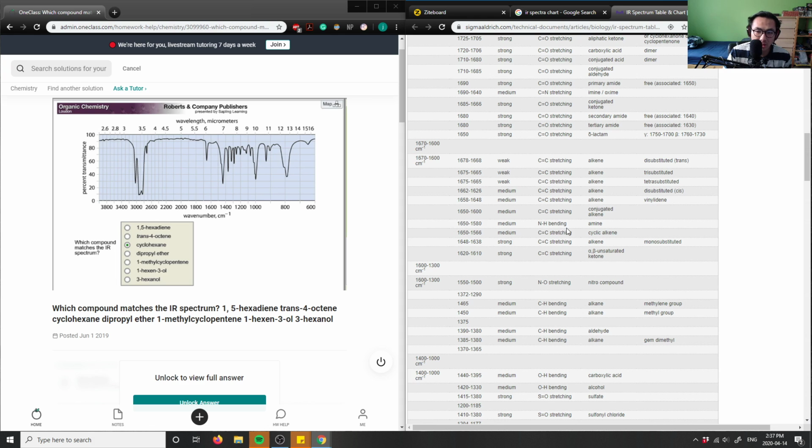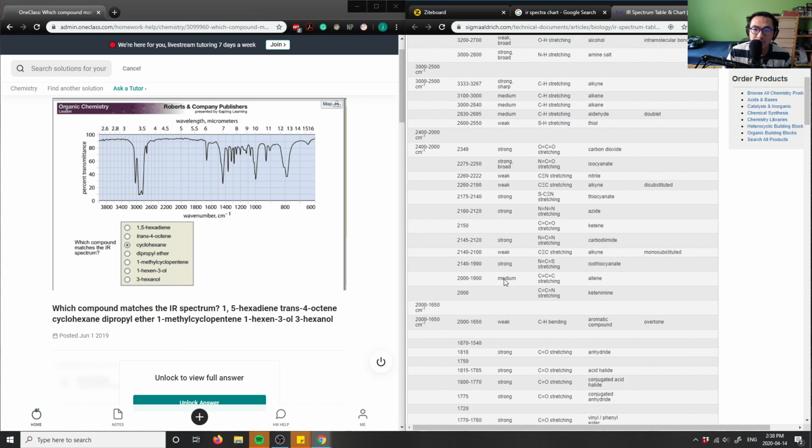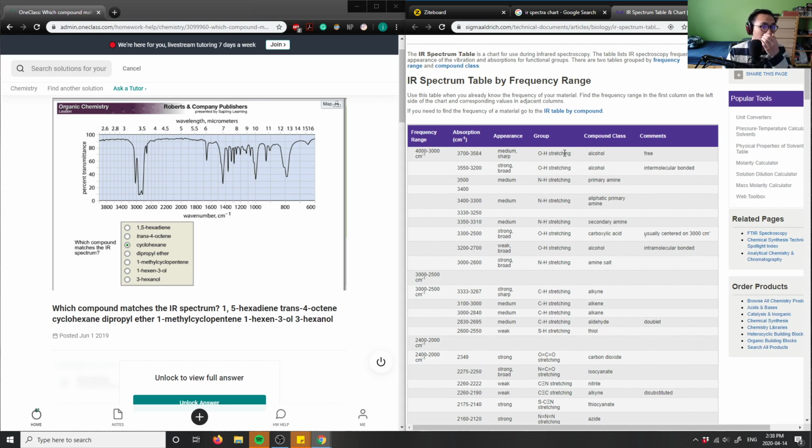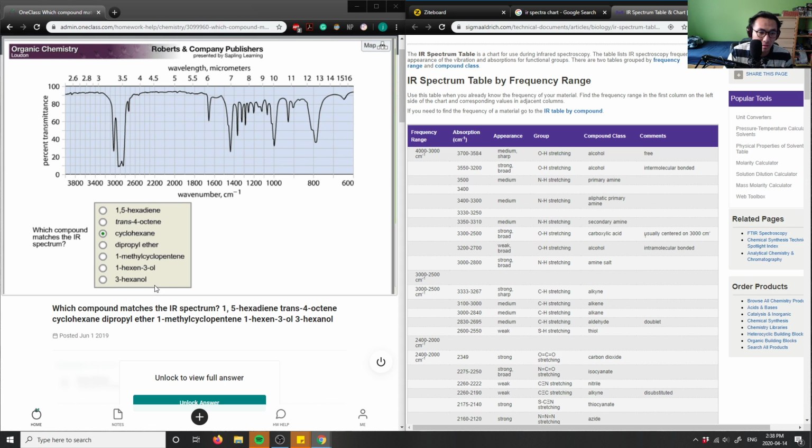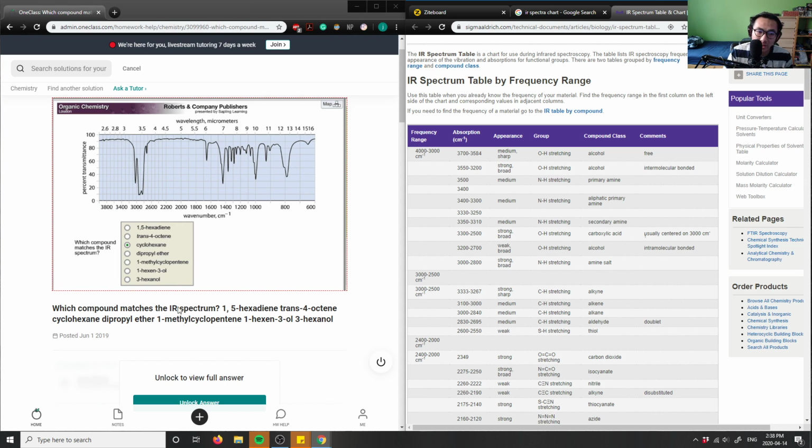We can actually use a process of elimination, right? If there's an alcohol, alcohols would have an OH stretch about 3,700 to 3,500, right? It's not in this graph, so I don't have a hexenol or a hexanol at all. So these two are gone. I don't have a dipropyl ether.